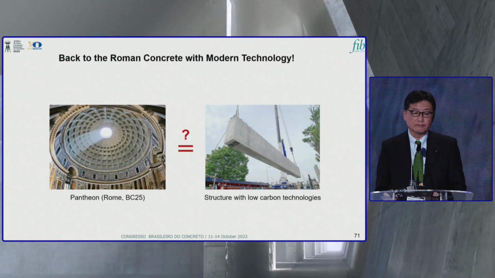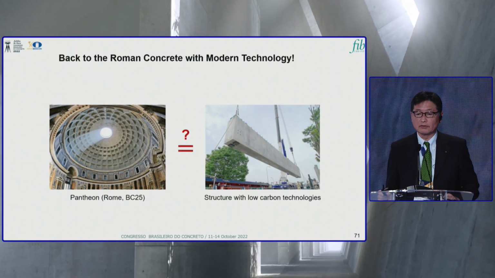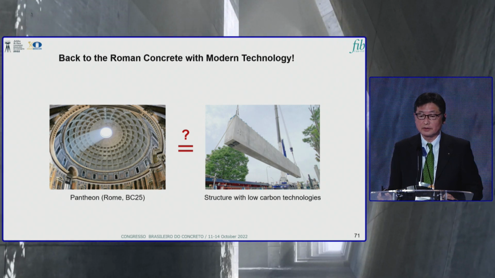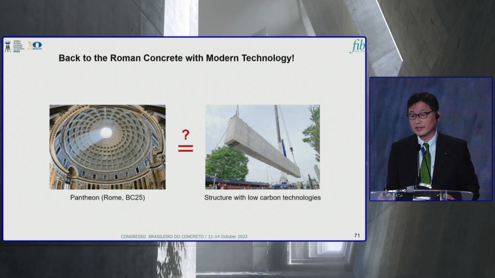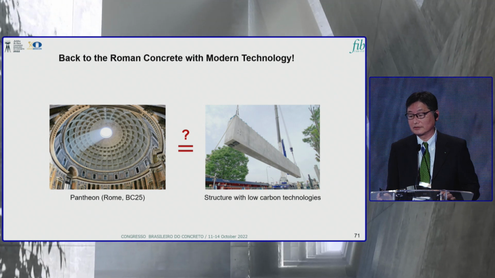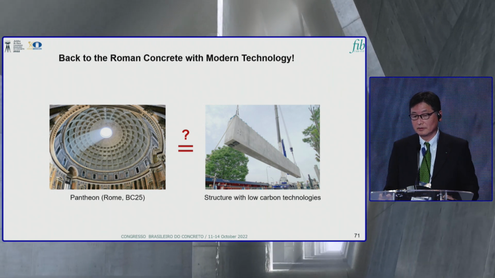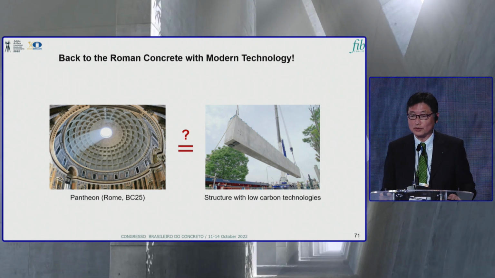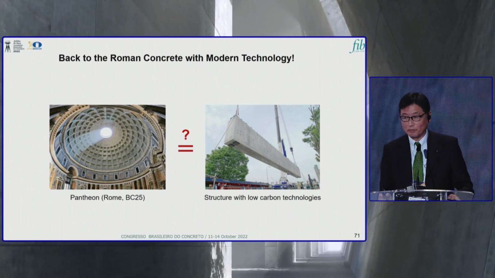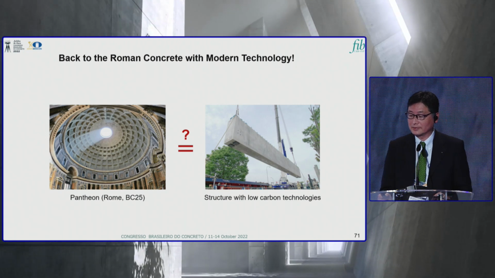Okay, so Roman concrete, there is no steel reinforcement, and the concrete itself is very, very durable, more than 2,000 years. It's a proof. But this is not Portland cement. It's a geopolymer cement, relatively speaking.